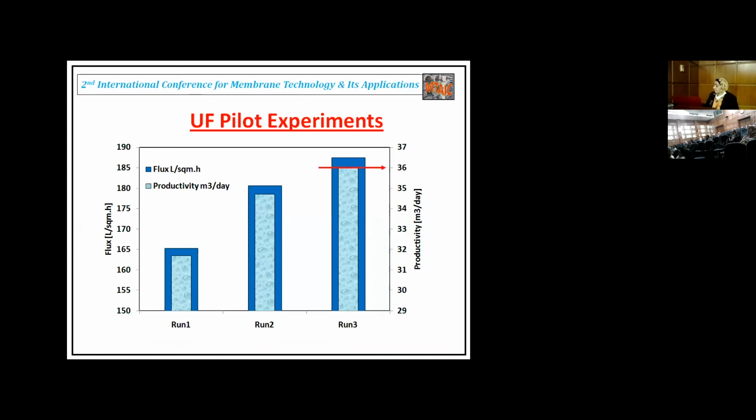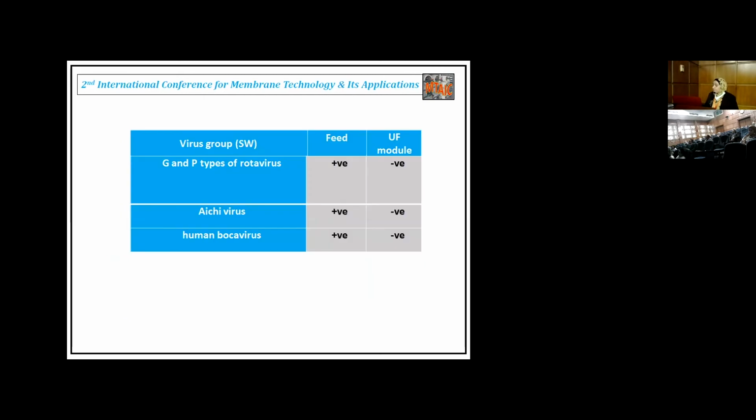We made 3 runs. This experiment was carried out for 6 months. We found that the productivity increased and was enhanced during operation to reach 36 cubic meters per day.